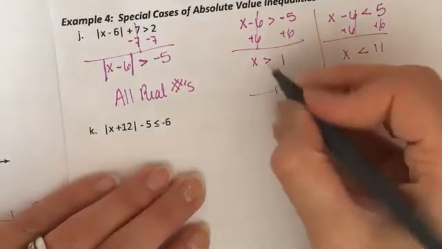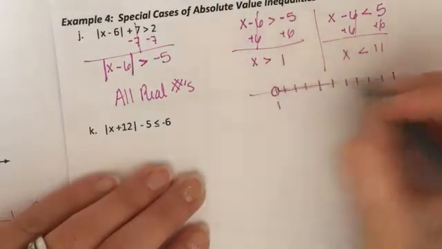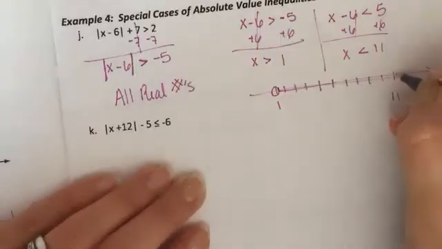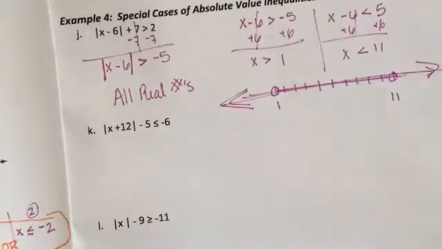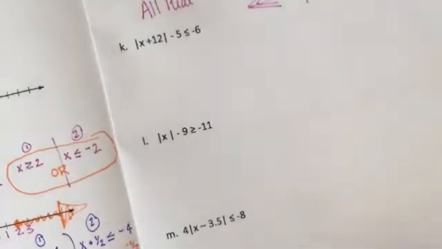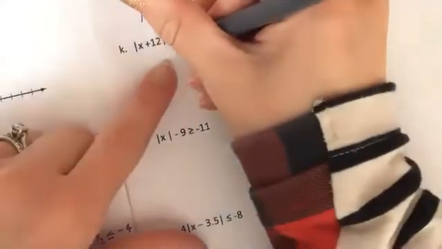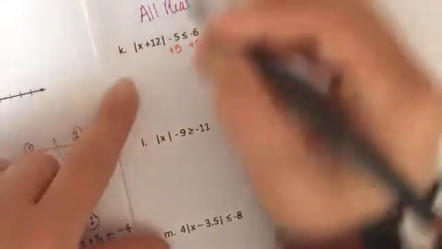And it says x is greater than 1, and x is smaller than 11. Well, one goes up and one goes down. That means it includes everything. They cross each other, and one keeps going down and one keeps going up. And so that means that it would be all of them, in this particular case. Okay, so the cool thing is that you don't have to deal with graphing the special cases.